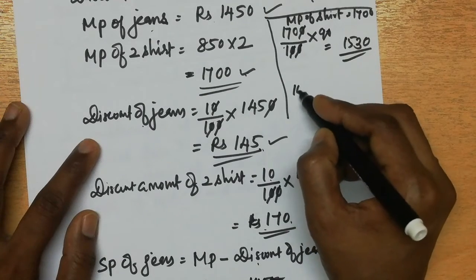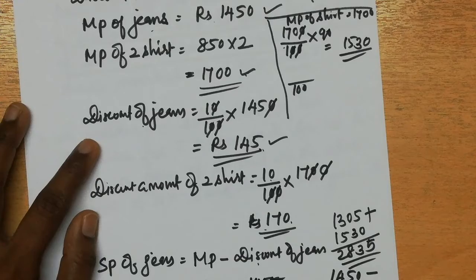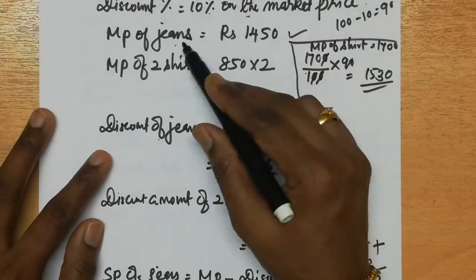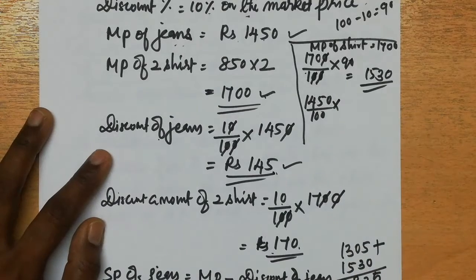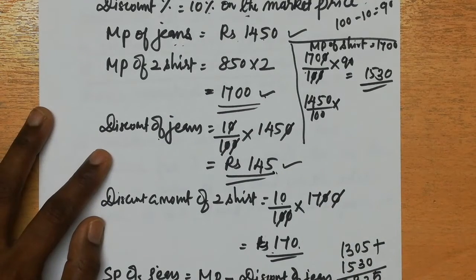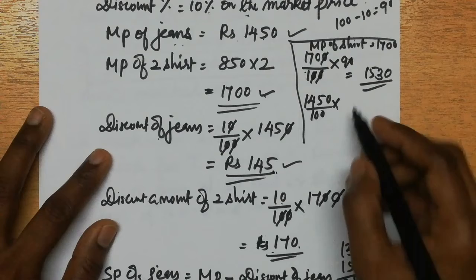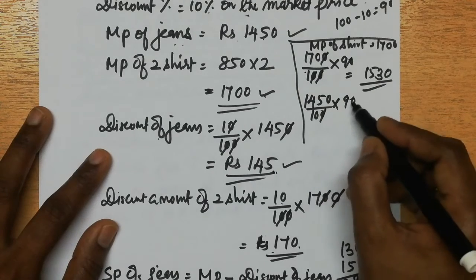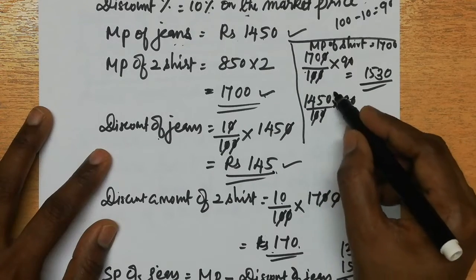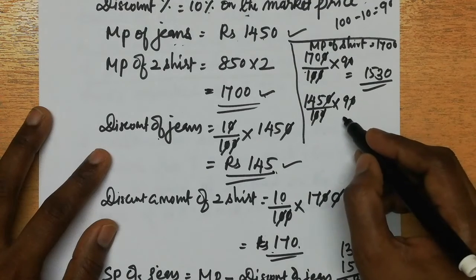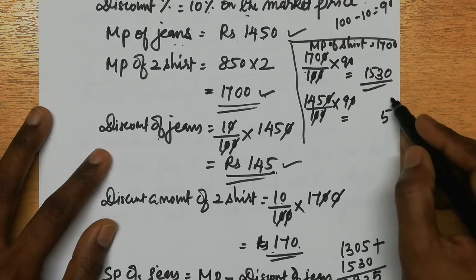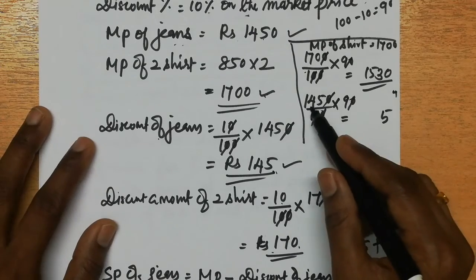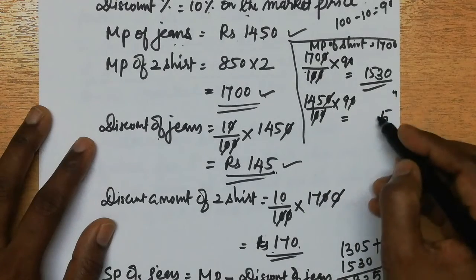How? Here 100 is the marked price of jeans. What is that? The marked price of jeans is 1450. Now what do we have to find? Discount means 100 minus 10, that is 90. Here also 10 and 10. So 145 into 9. 9 fives are 45, remainder is 4. 9 fours are 36 plus 4, that is 40.